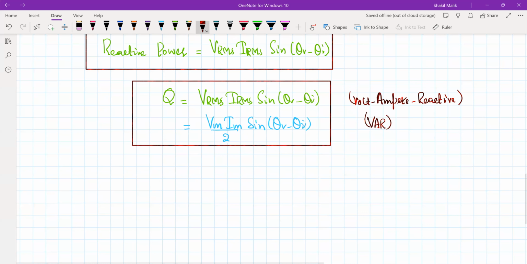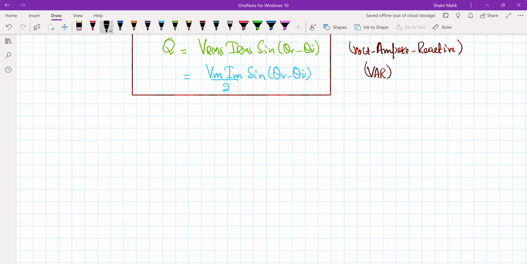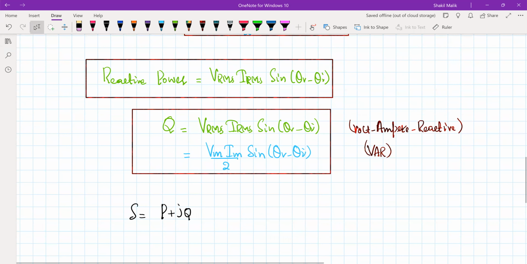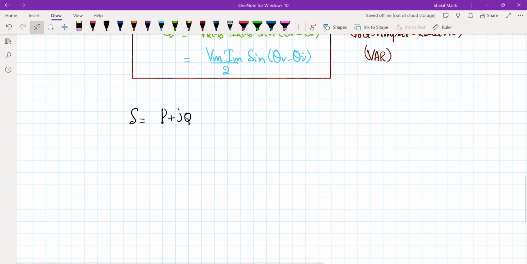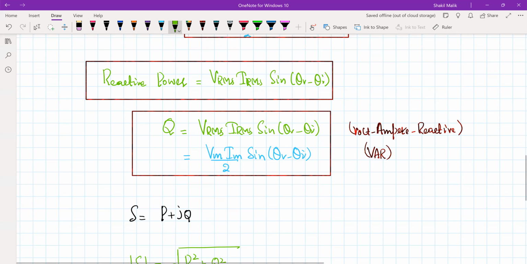So if I take the magnitude of S, which is defined as P plus jQ, where P is equal to this quantity and Q is equal to this, and we know how to take the magnitude of a complex number, we can write the magnitude of S as the square root of P squared plus Q squared. So that means we take the square of these quantities.